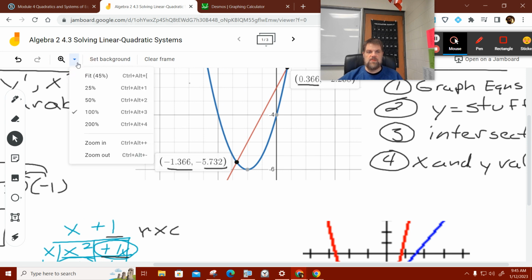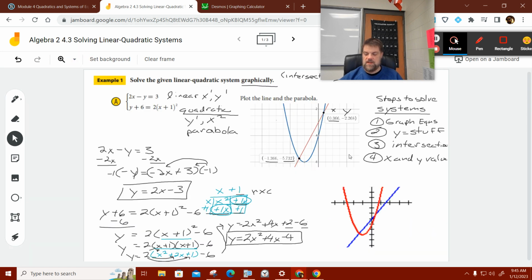Let me zoom out a little bit. We'll do 50. So when I do this on the graphing calculator, I see that this is going to be 0.366, comma, and then minus 2.268.